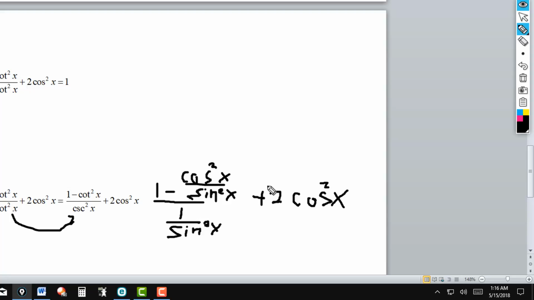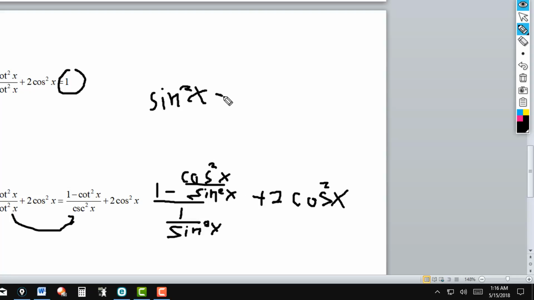So again, you're always looking at the big picture. What are we aiming for? This is our objective. We want to get 1 out of this. So you can see here that if I multiply the top and the bottom of this rational expression by sine squared, multiplying the bottom by sine squared, that's going to go to 1, and the numerator multiplied by sine squared will give me 1 times sine squared of x, and then here when I multiply by sine squared, that cancels out.